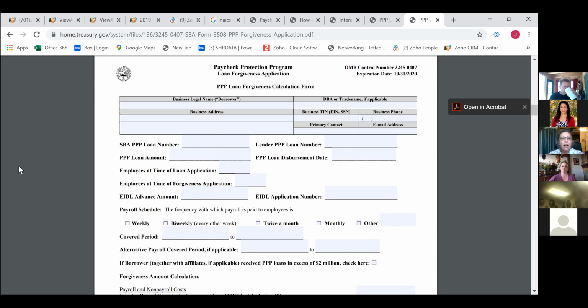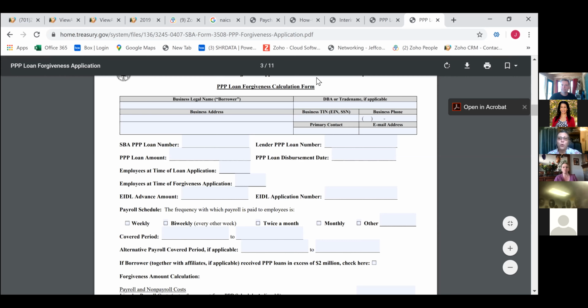You'll see it says the SBA PPP loan number, the one you received when you put in the application. If you went through a lender, that would be the lender's number on the right. And then the disbursement date is the date that you've actually received the money.